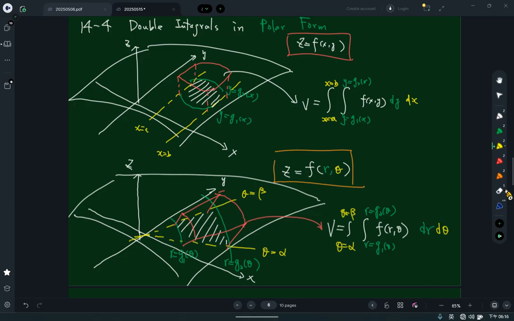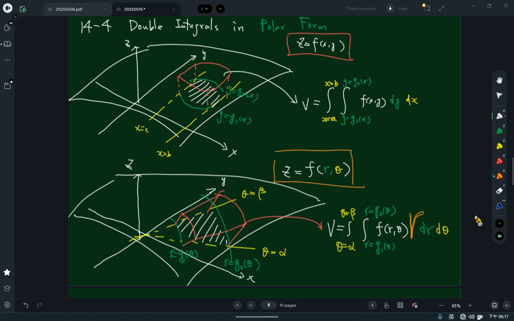But it's very special: we need to add an r into the integrand. You can compare. This is just the function f of x, y. But if we focus on the polar form f of r, theta, we need to add an additional r here.